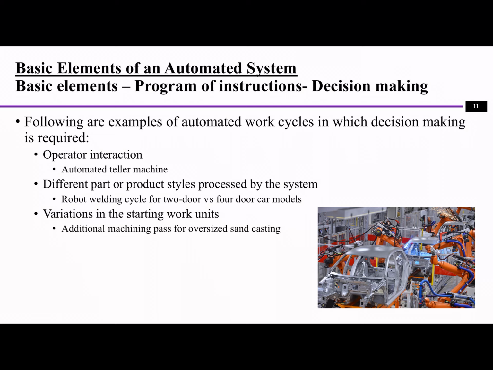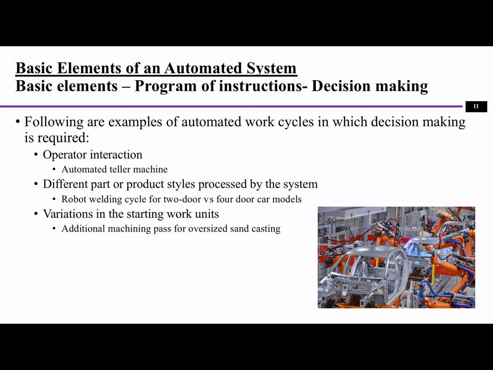Also, some of the decisions will involve a sensor, or the machine, or the robotic or automated control system to recognize. For example, in this kind of car production line, this is the process where all the robotic arms need to weld the door of the cars.